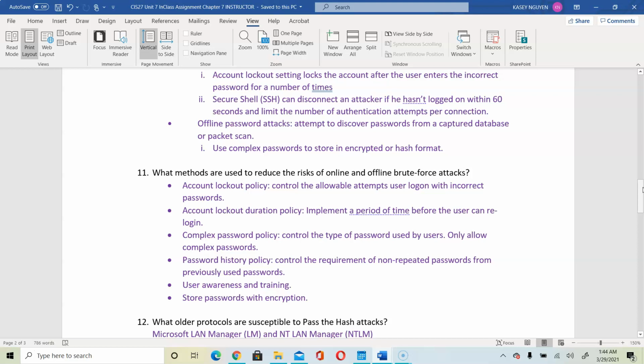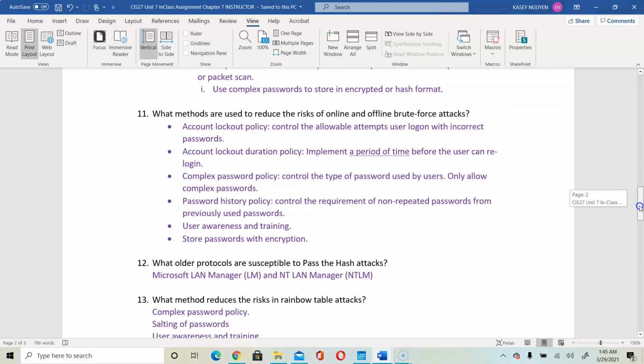Two other things outside of the policy: we want to make sure we have user awareness and training, and we want to store passwords with encryption. Those are the things that need to be implemented to protect passwords. For number 12, it asks what older protocols are susceptible to pass the hash attack.